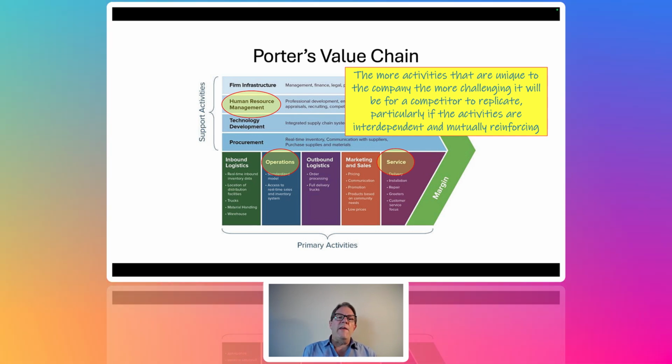So if a company has several value chain advantages that they take advantage of, it's going to be hard for a competitor to replicate it, and particularly if those activities are interdependent or mutually reinforcing. We'll talk about the classic example in a minute. Now, the fewer of these kinds of advantages that a company possesses, the easier it is for a competitor to replicate.